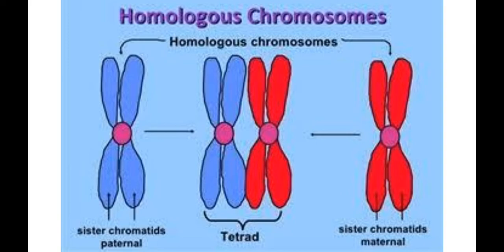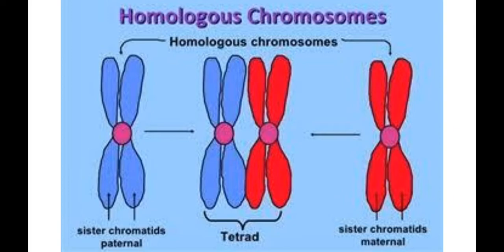So let's jump a little bit to this picture. So we have X-shaped chromosomes from two sister chromatids. Every chromatid is actually a chromosome, but when they're paired, they change name to chromatid.